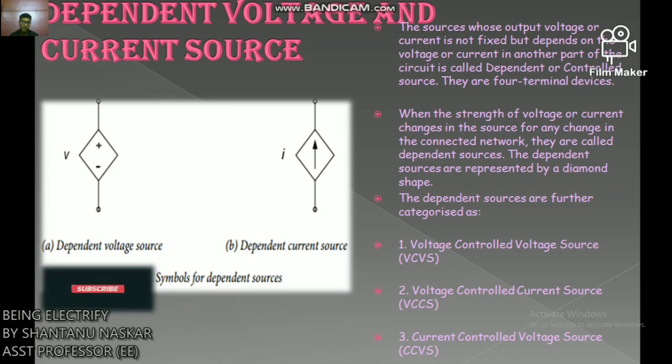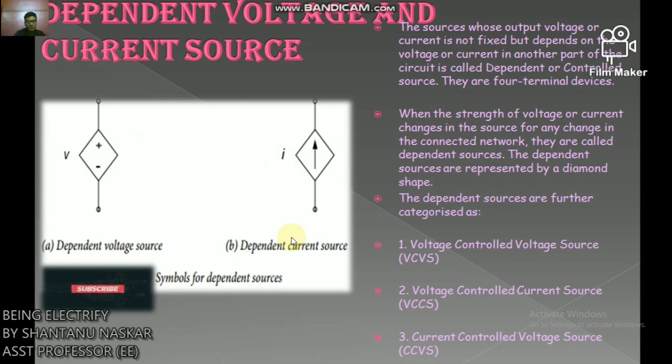They are four terminal devices. When the strength of voltage or current in the source changes for any change in the connected network, they are called dependent sources. The dependent sources are represented by a diamond shape.